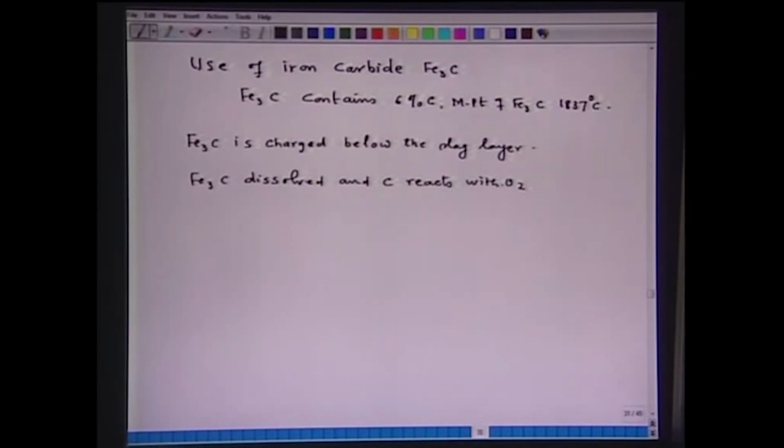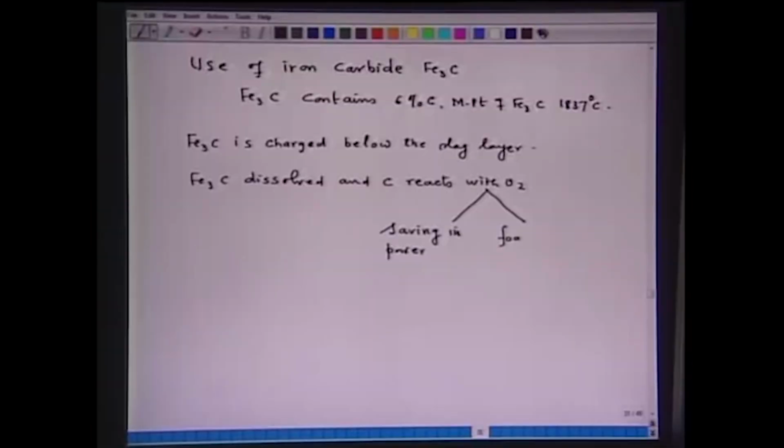It will give two benefits: one, saving in power, and another benefit is because carbon monoxide is evolving through the charging of Fe3C, it will also contribute to foamy slag practice.